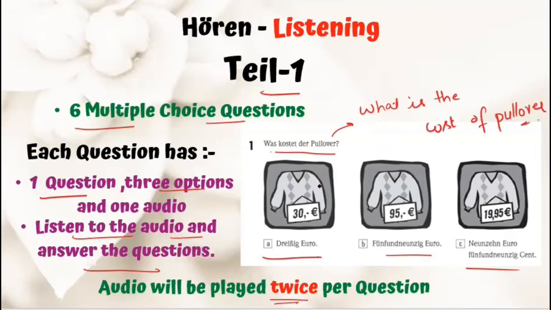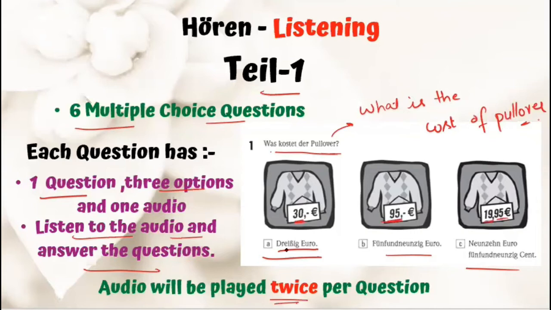Now, in this particular audio, okay, there's one audio that I'm not going to be playing here. So let us consider that there's an audio. In that audio, you have to decide whether the amount of this pullover is 30 euro or 95 euro or 19 euro 95 cents.